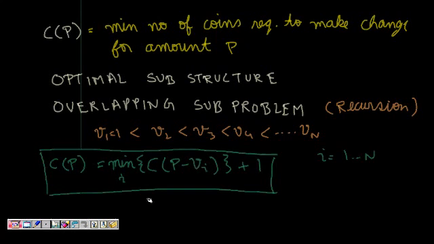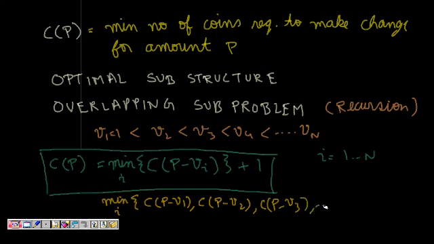If we expand this formula, it will be the minimum of C of P minus V1, C of P minus V2, C of P minus V3, till C of P minus V of n, plus 1.